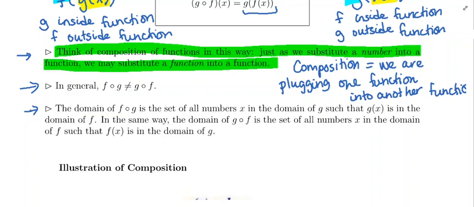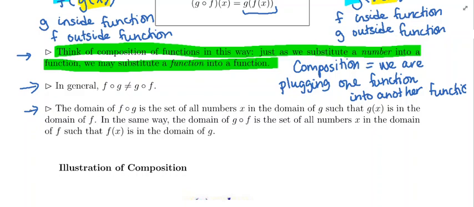But I'm warning you here: the domain of composite functions is tricky. I'm going to read this statement and you're going to see how tricky it sounds. It says the domain of f of g is the set of all numbers x in the domain of g such that g of x is in the domain of f.